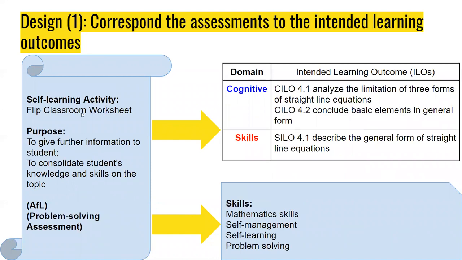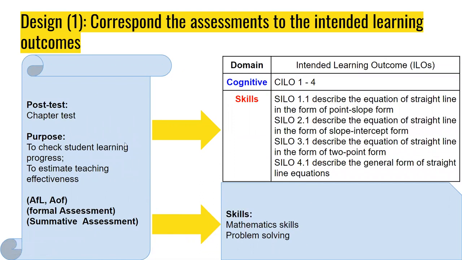About the self-learning activities, we are trying to use a flipped classroom worksheet to give them self-management and self-learning. It corresponds to the cognitive domain and skills domain in the 4th lesson. About the post-test, of course there is a post-test. This is a chapter test.